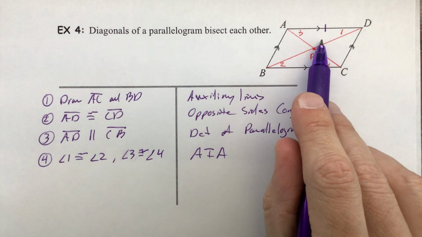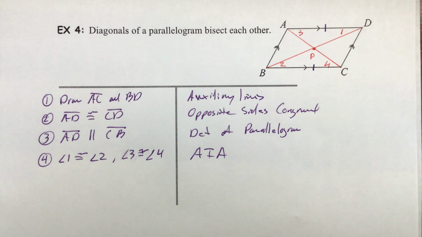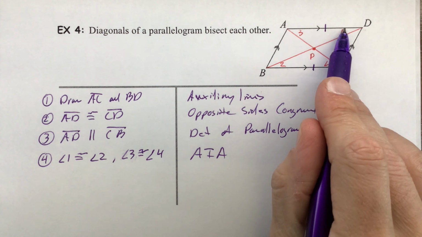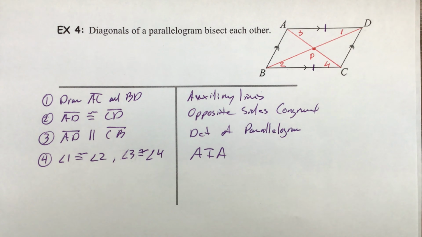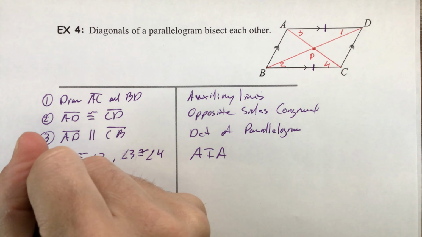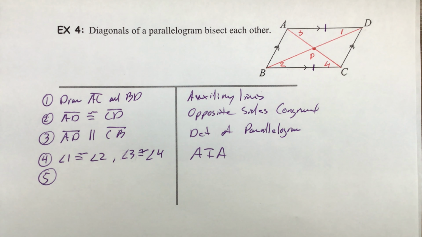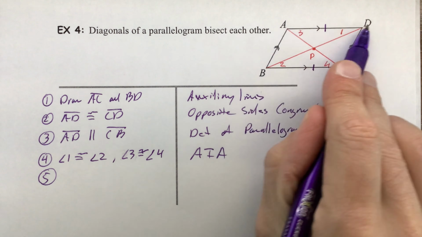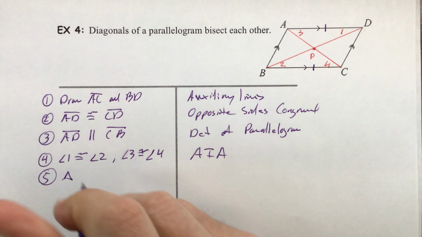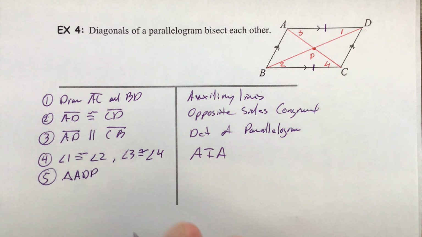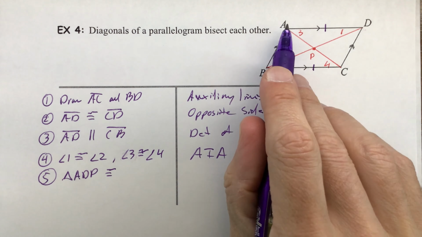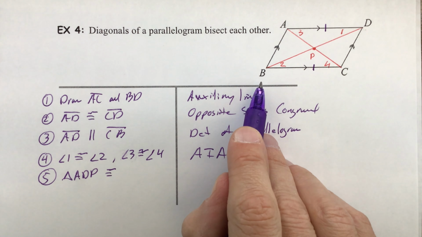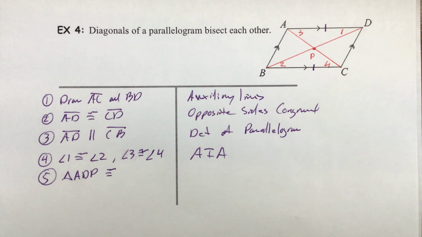If we just look at the top and bottom triangles, I can actually prove that they're congruent to each other because I have angle, side, angle. So line 5, we're going to say that triangle ADP is congruent to, let's make sure I get these in the right order, CBP.